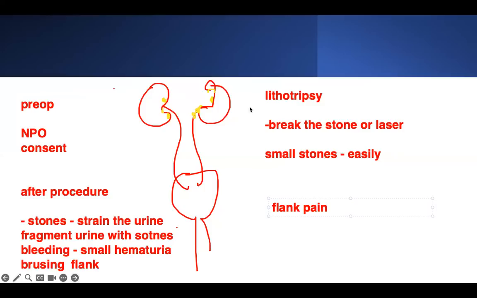I should see a little bit of blood, no big blood, no gross hematuria. And then they should have bruising on the flank. And otherwise, the rest should be normal. If you see anything more than that, that's a problem.